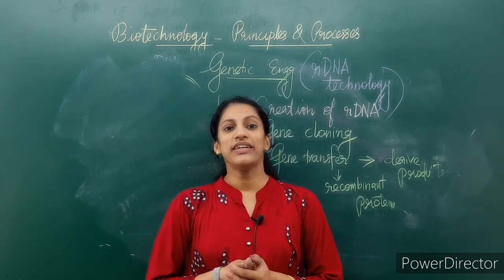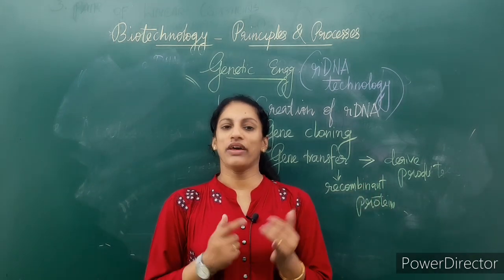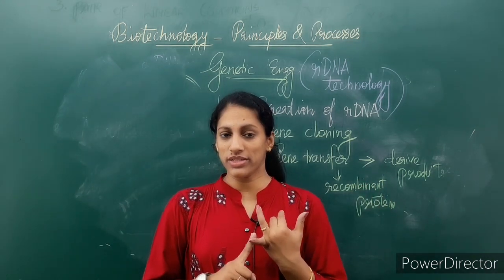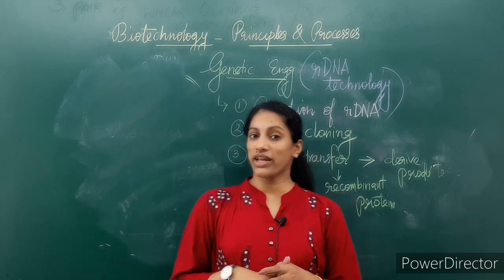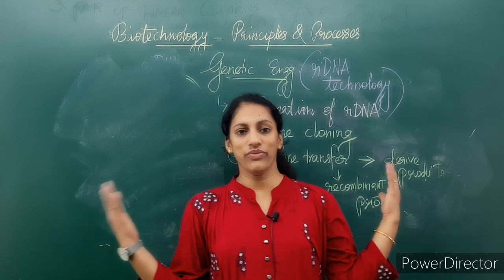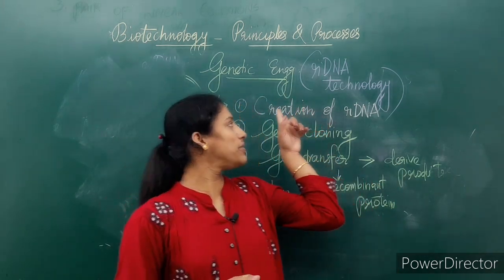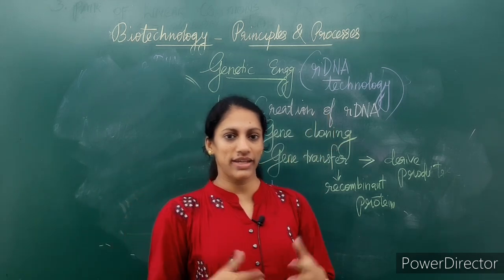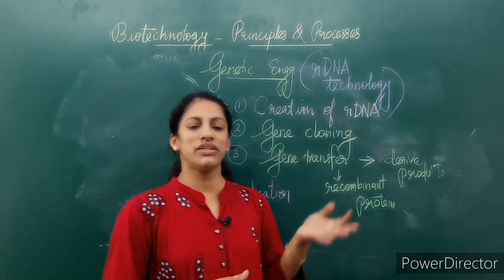Once again, listen to these points. I am just briefing or revising. The definition of biotechnology you have learnt, and modern biotechnology mainly deals with genetic engineering and chemical engineering. Genetic engineering has the major techniques like the creation of rDNA, rDNA production, gene cloning, and gene transfer.